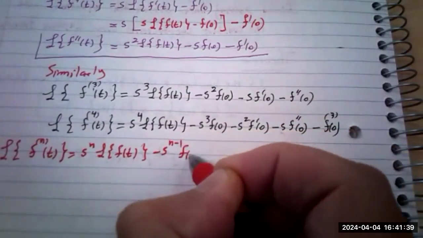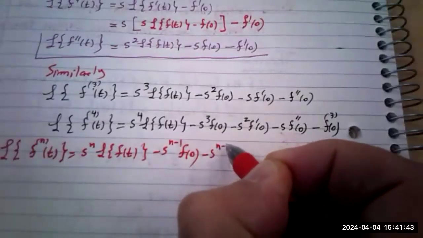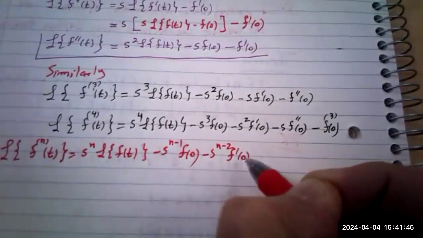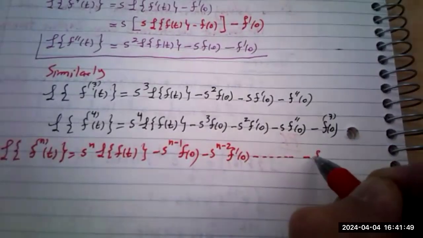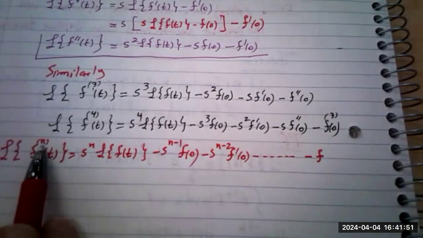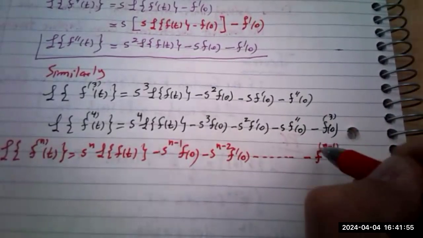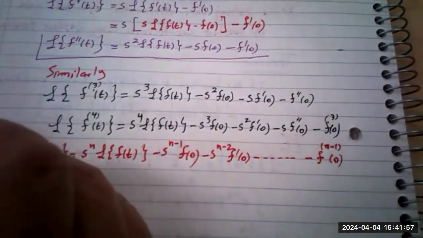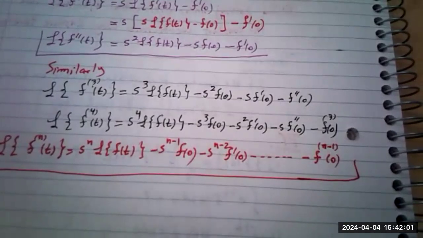Then you continue, s to the n minus 2, f prime of 0. You just keep moving on. The last one would start with n and end up with n minus 1, minus 1 and 0. This is going to be the most general formula. It's the only thing that we need.